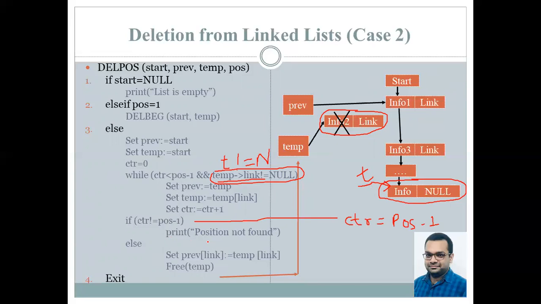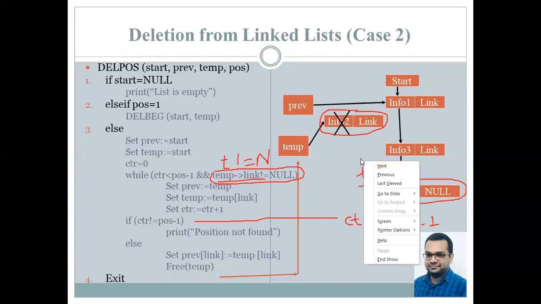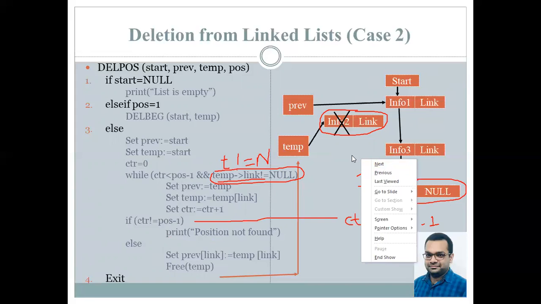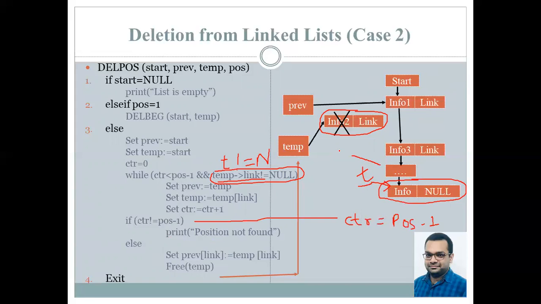Therefore, by this comparison, we are actually making sure whether the node for deletion is the last node or not. If this is true, there will be a node previous to the temp on which prev will be pointed, and as soon as we assign this statement, previous link equals to temp link being null, it will assign the value of null to the previous link.